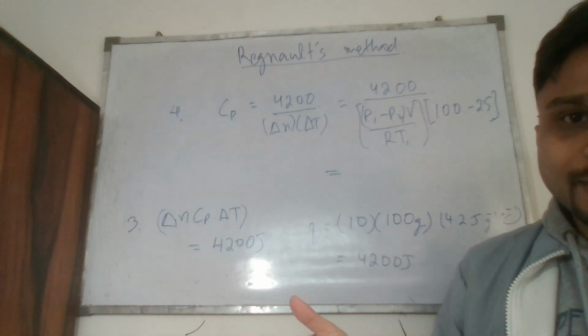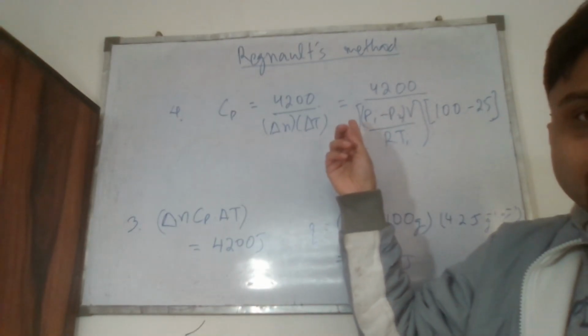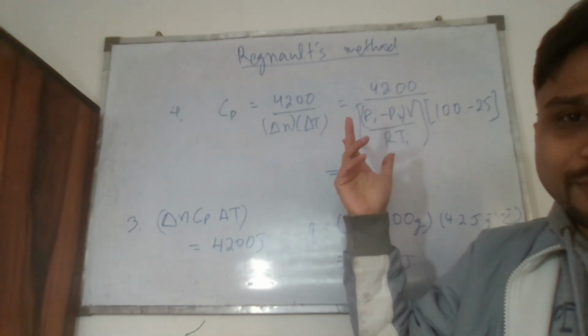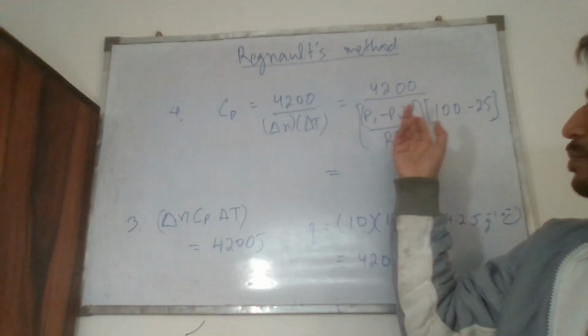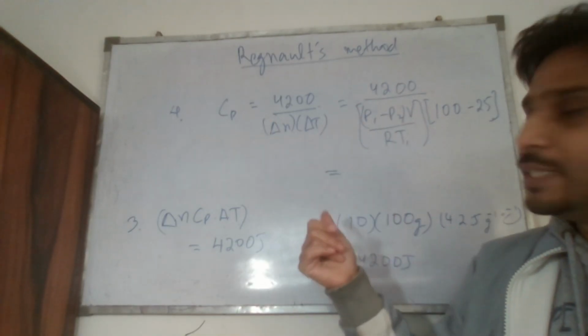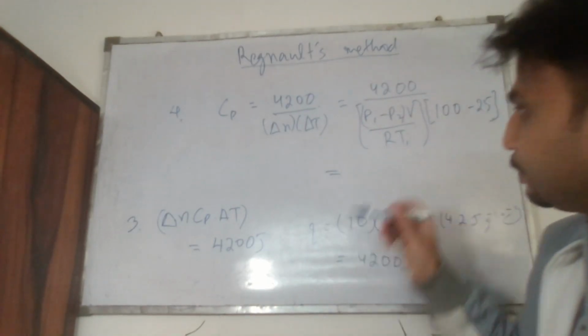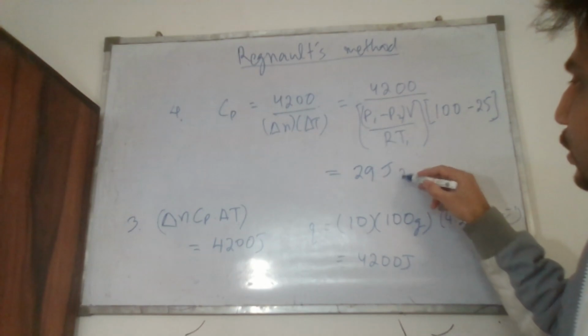If you cube it, it will be some 64 into 10 to the power minus 6, into the change in pressure, which is 75 kilopascals, that would be 75 into 10 to the power 3. After calculating the whole thing, you'll get the answer. It would be some 20 joule.